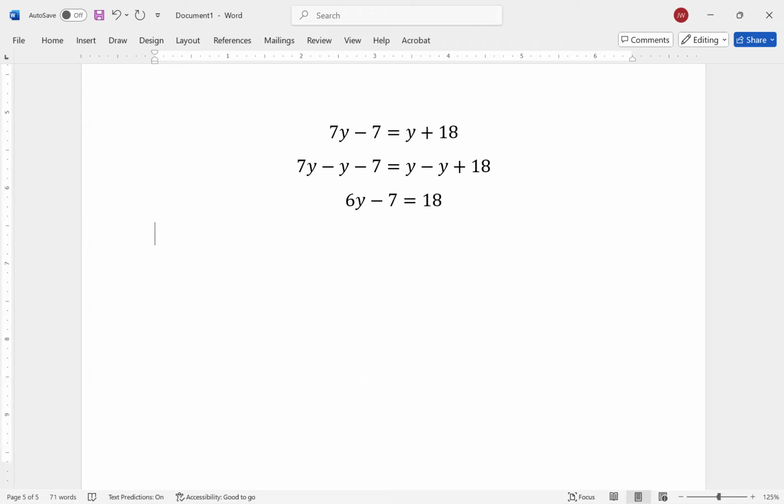And when I add 7 to both sides, 6y minus 7 plus 7 is equal to 18 plus 7. Again, a lot of times if I'm on the board, that'll be underneath. That'll give me 6y is equal to 25.